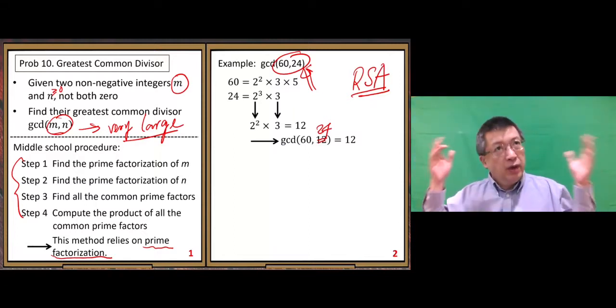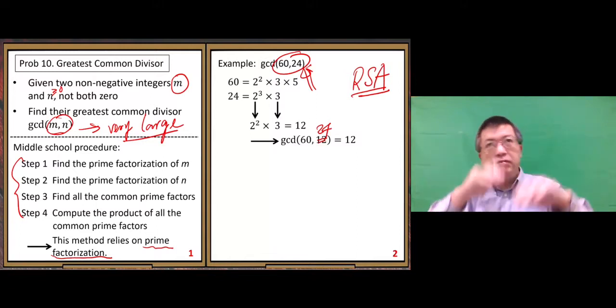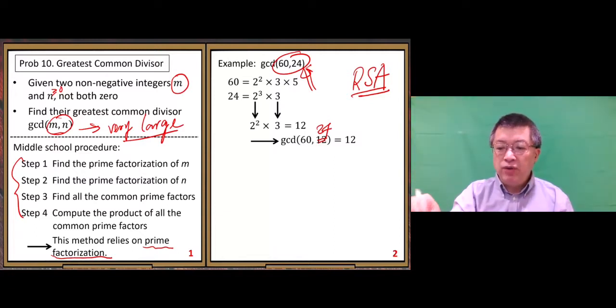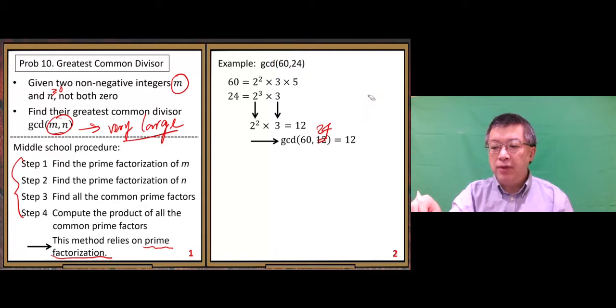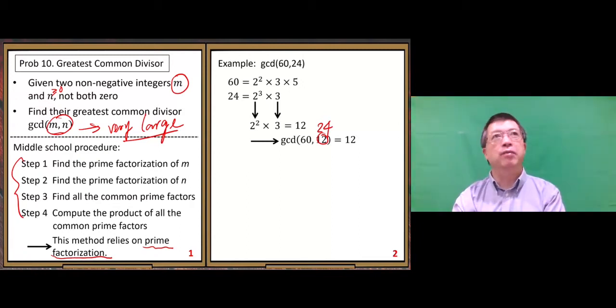Then if your method relies on that difficult step, how can you solve it quickly? So this method won't work for large numbers. We need to develop a method that still works even for huge numbers, because we can use powerful computers to quickly find the answer.